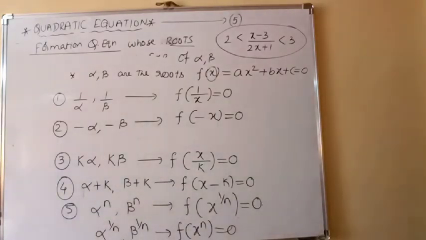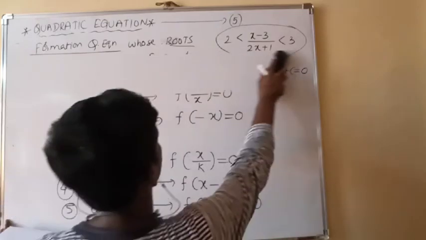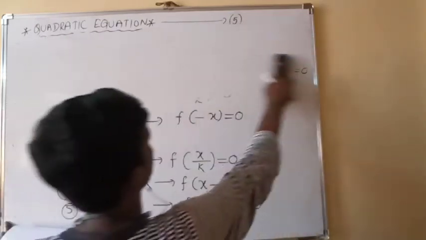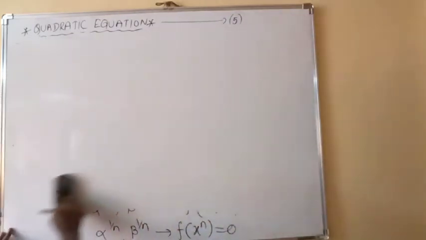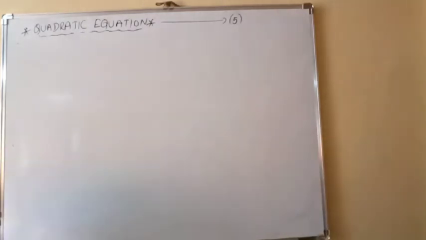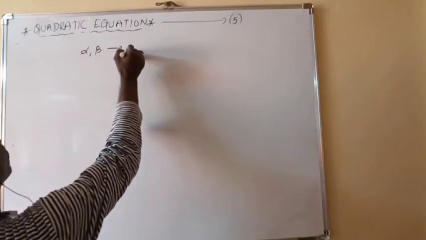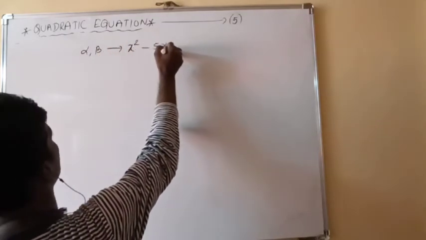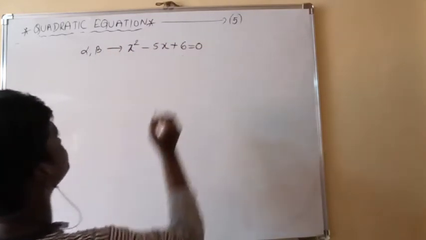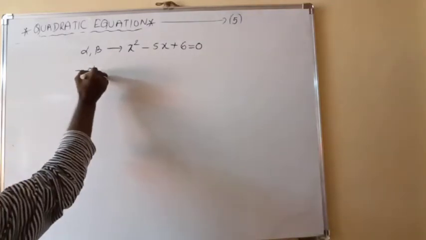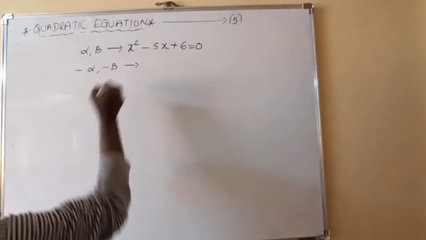Next, one problem. If alpha, beta are the roots of x square minus 5x plus 6 is equal to 0, then what is the quadratic equation whose roots are minus alpha, minus beta?